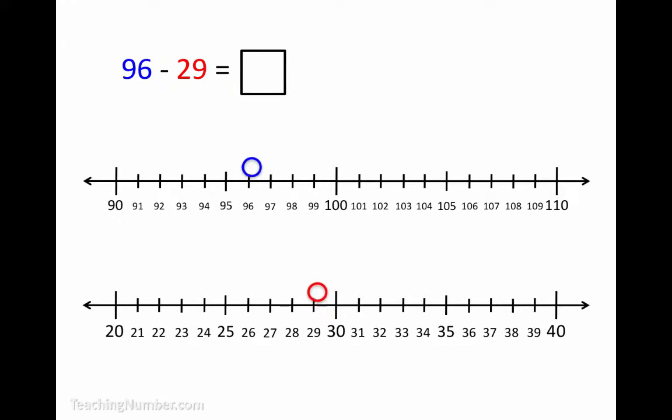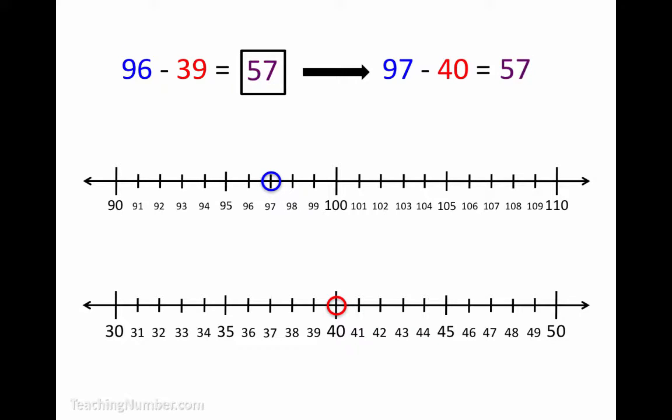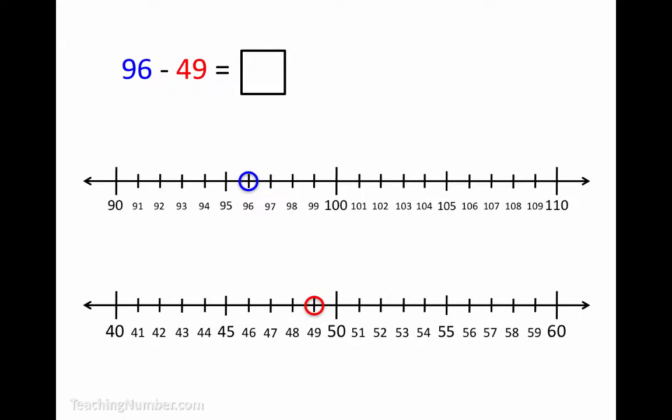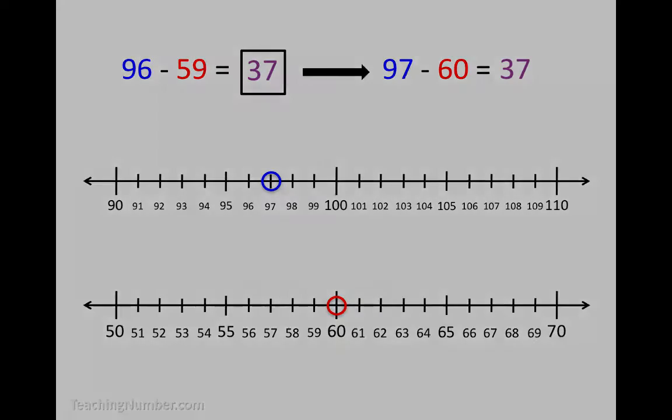We want to guide students to the understanding that subtracting 9 ones from 6 ones will always produce 7 ones regardless of the decade that the minuend and subtrahend are in. In every case, we can create a 10-friendly equation by adding 1 to both the minuend and the subtrahend. Then, it is just a matter of subtracting the 10s and adding 7 to obtain the difference or distance.